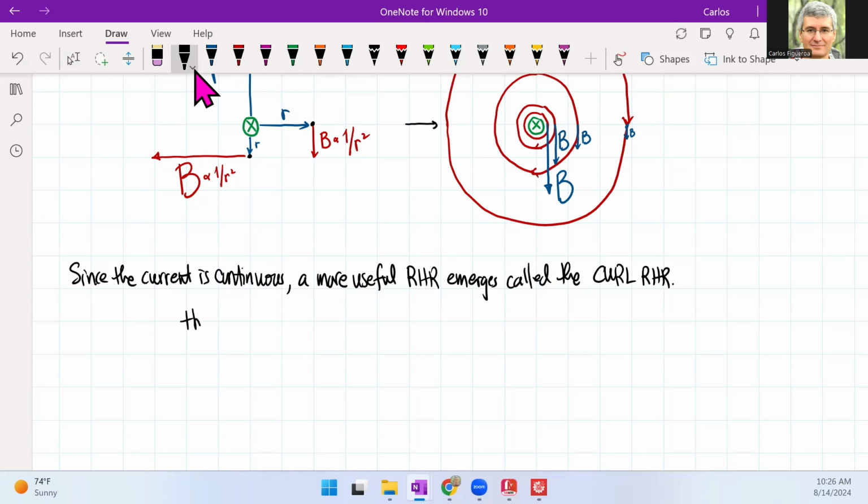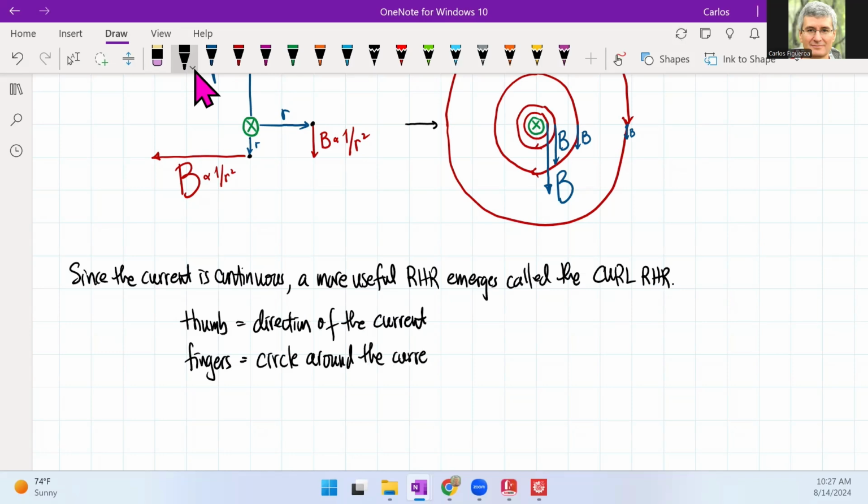In this case, you take your thumb and point it in the direction of the current, and then your fingers circle around the current.